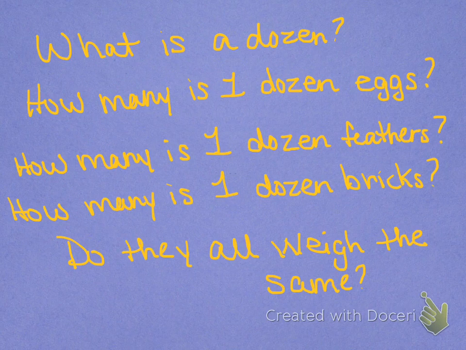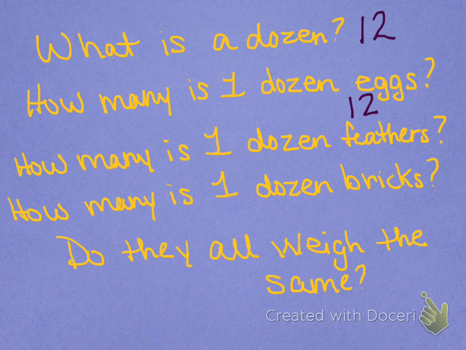Okay, so before we start talking about molar mass, I just want to give you a practical example, something that you can wrap your head around. So tell me, what is a dozen? Hopefully, you said that was easy. A dozen is 12. If I have 1 dozen eggs, I have how many eggs? 12.